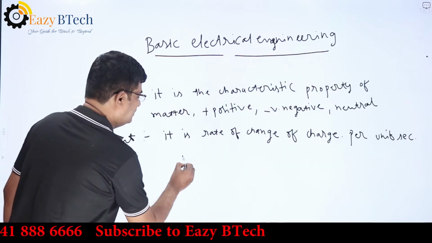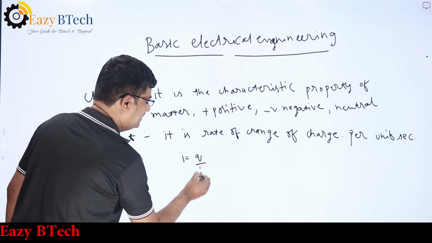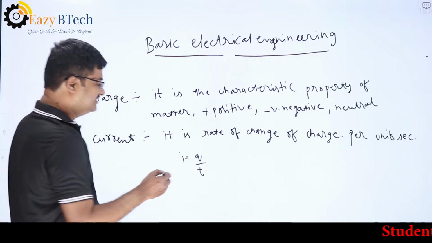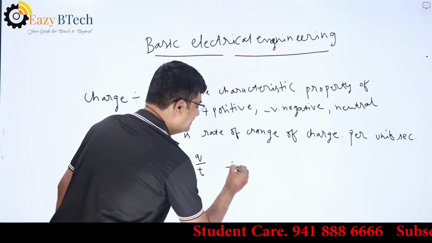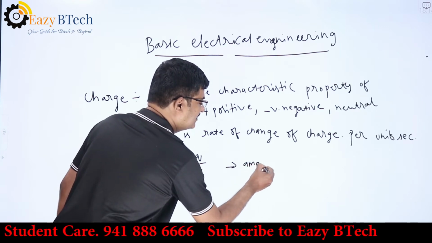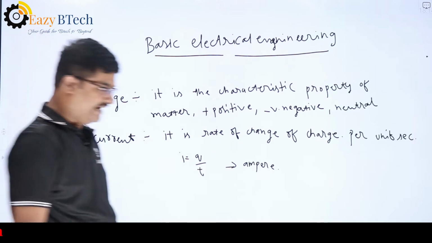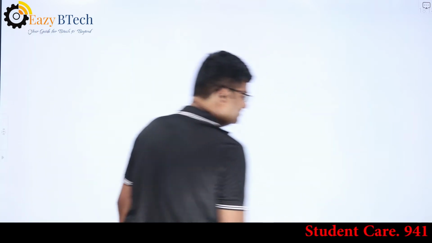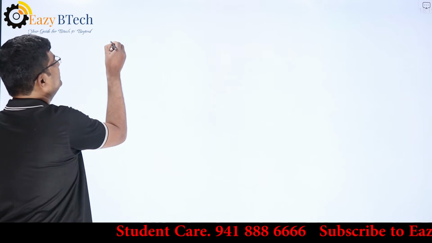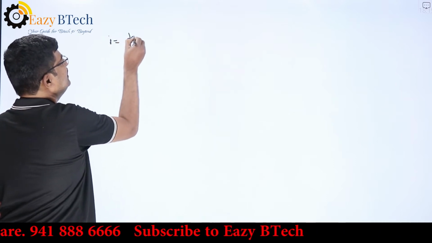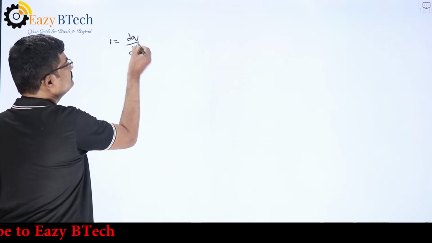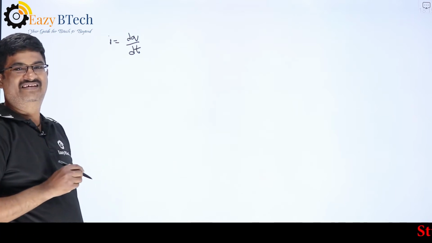So I can write I is equal to Q by T. The unit of current is ampere. If my current is changing with respect to time, I can write I is equal to dq by dt.